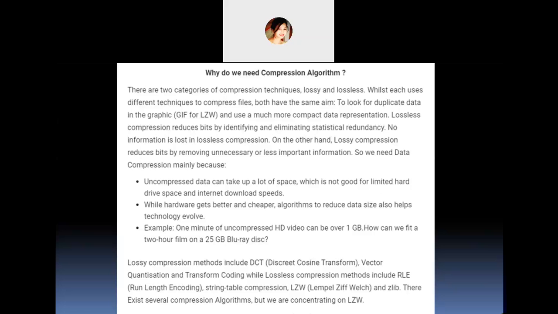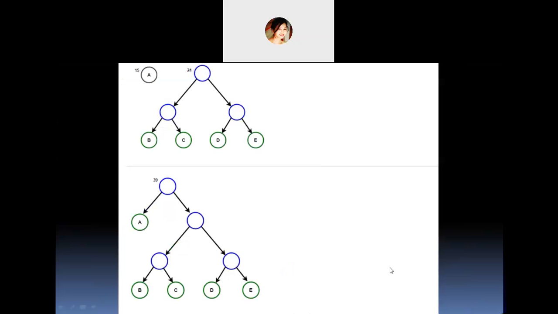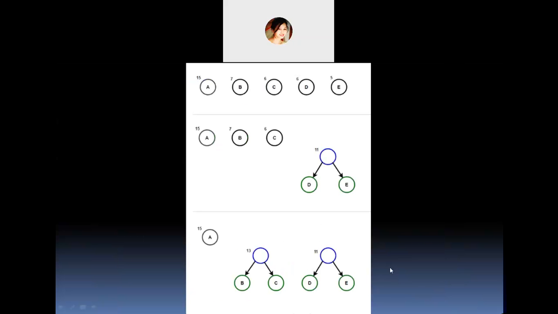Ma'am, if some value is like that, it's different from... Sajib, your voice is breaking. Can you write it in the message? I couldn't hear a word.